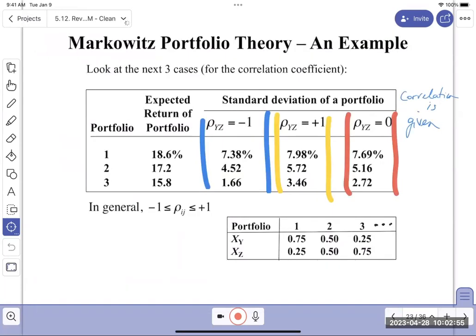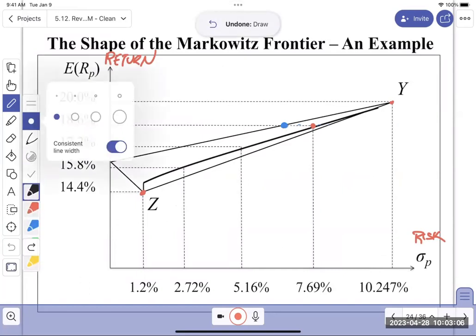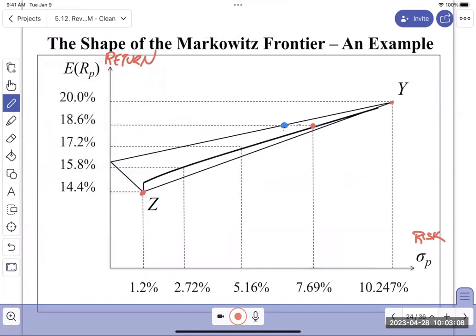According to my chart here, for the blue one, it's 7.38%. So what is this thing? How do you describe that?